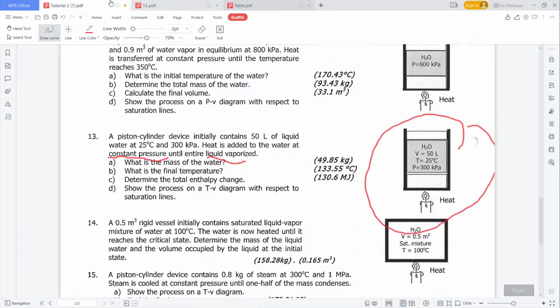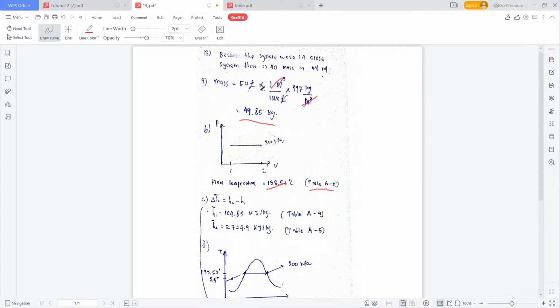Being given 15 liters at the initial condition, we can cancel out the meter cube by converting the value of liters into meter cube. 1 meter cube equals 1 kiloliter, so we take 15 liters over 1 kiloliter, and you will be left with only meter cube.